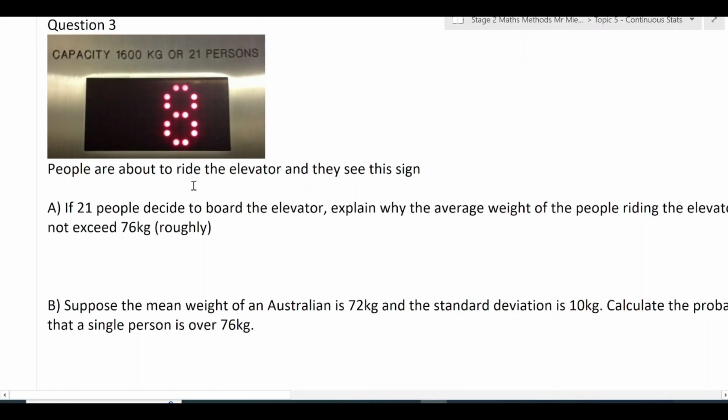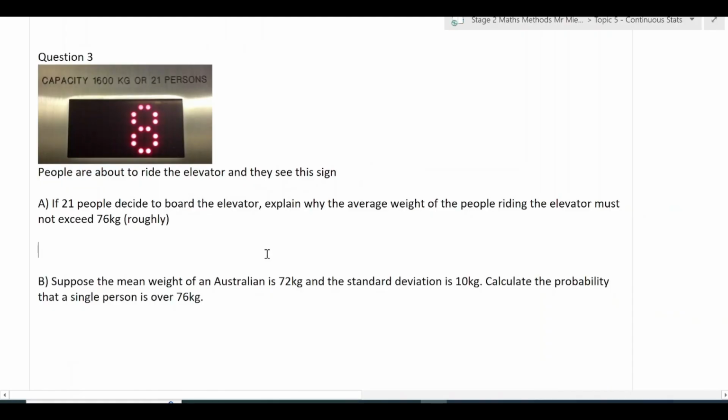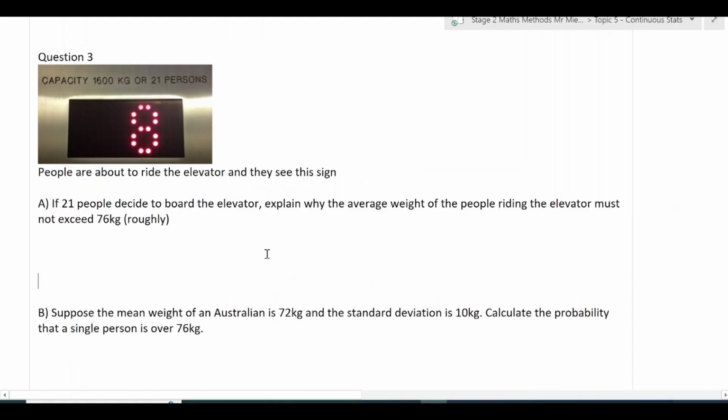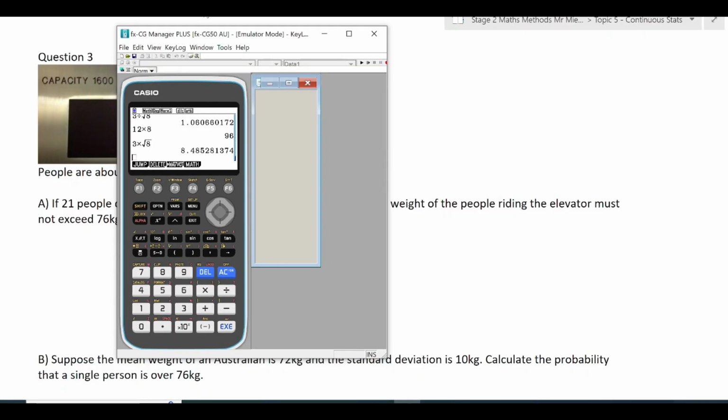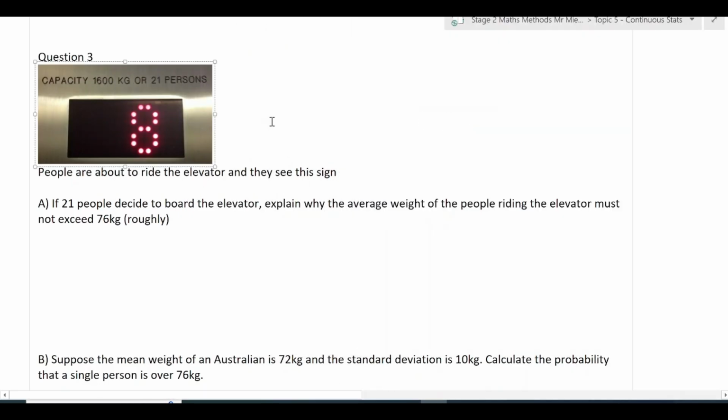All right, now this one's another practical example. The capacity on this elevator is 1,600 kilos, and it says 21 persons on the elevator. So basically the average weight of each person. The way you calculate an average is you get the total weight of all the people divided by the actual number of people.